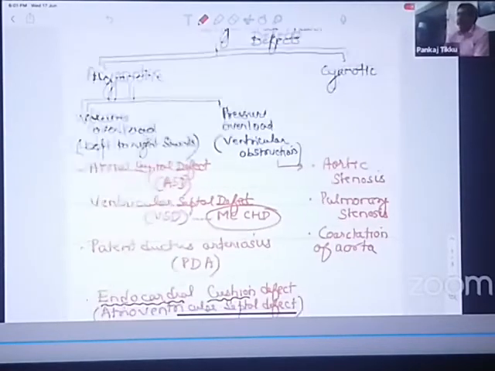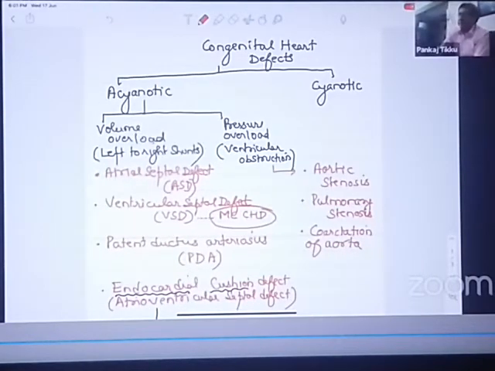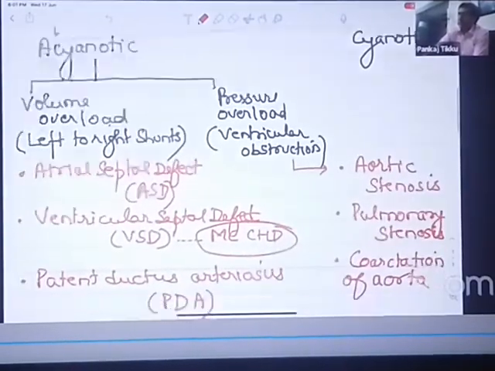Now let us come to cyanotic heart defects.